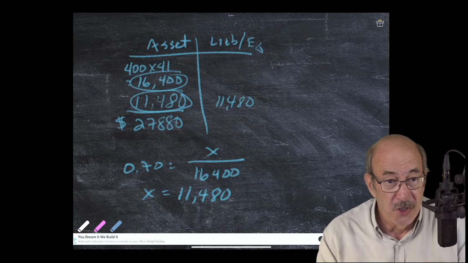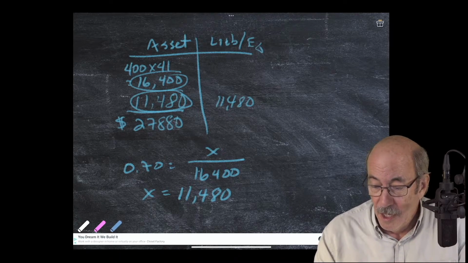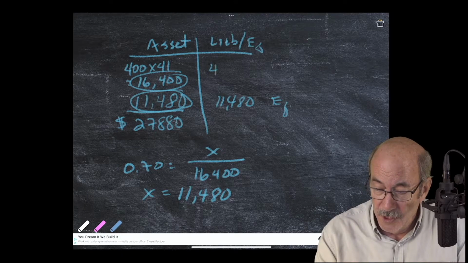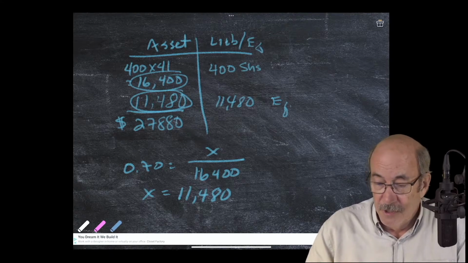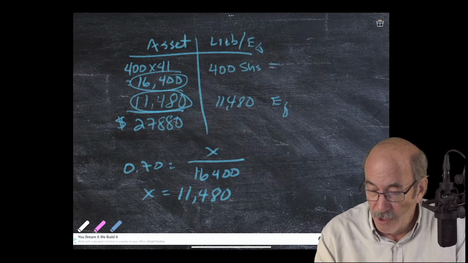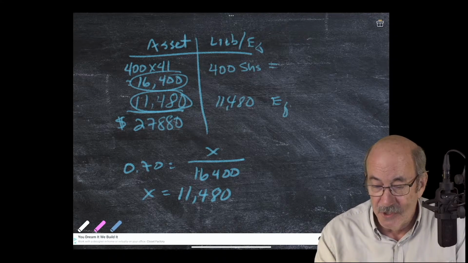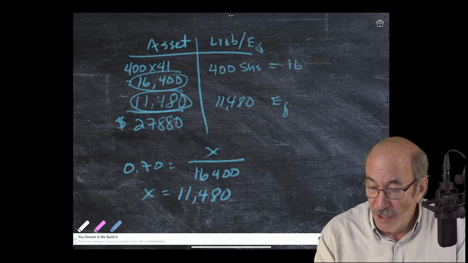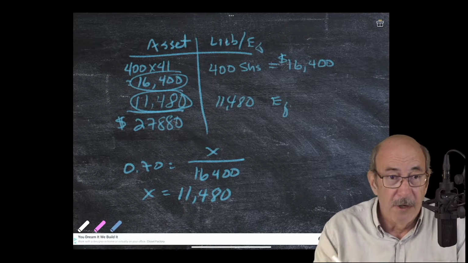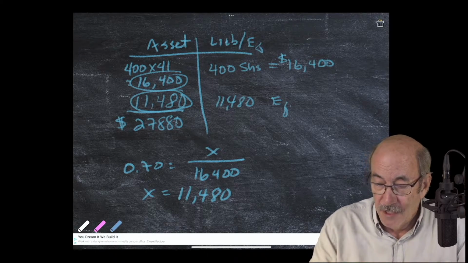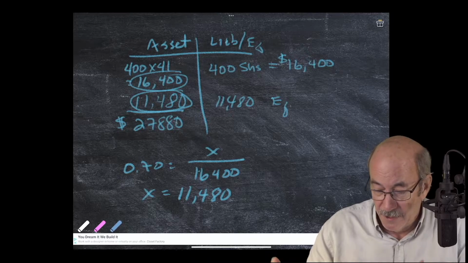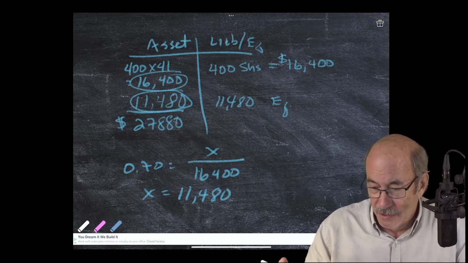Just assume that this is going to be a constant. This is our equity stake. And then our liability is stated in shares. So it's 400 shares. When we first open the position, the dollar value of that liability is 16,400. And so now I've got the balance sheet, everything balances, and the world is good.